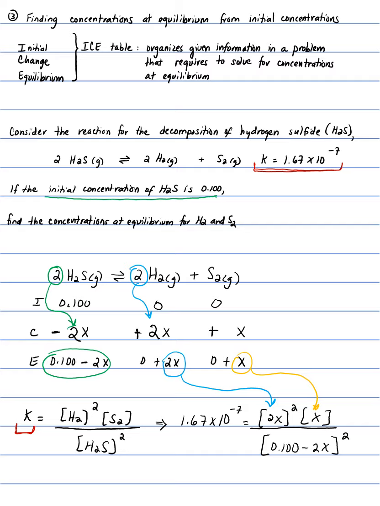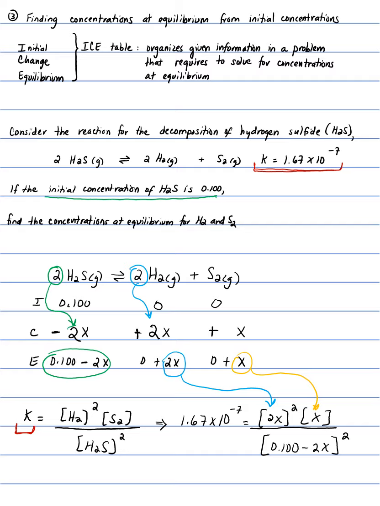Now, there's something that we can do to simplify the mathematical process that we need to follow to get that numerical value for x. The numerical value of K is 1.67 times 10 to the minus 7, a super small number. Your initial concentration for H2S is 0.100.